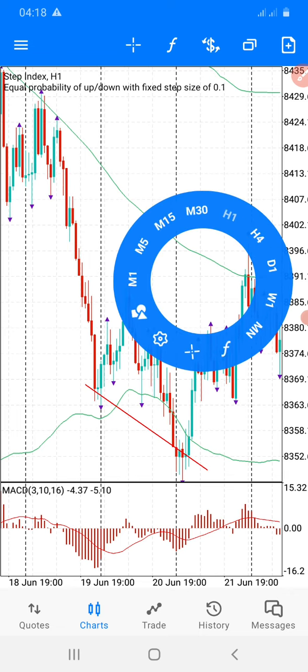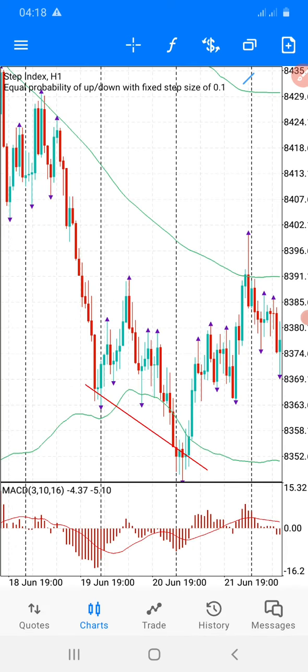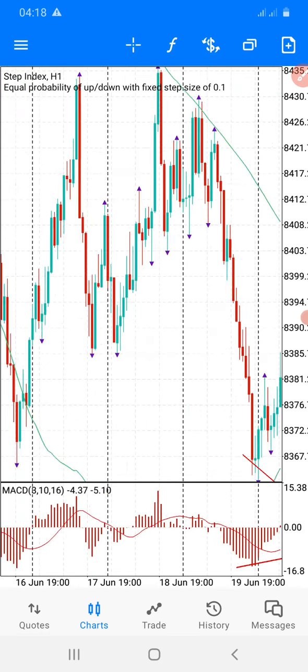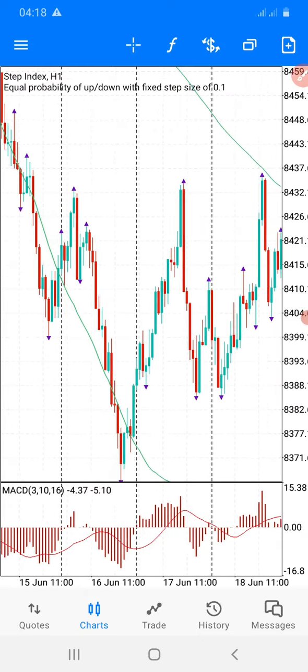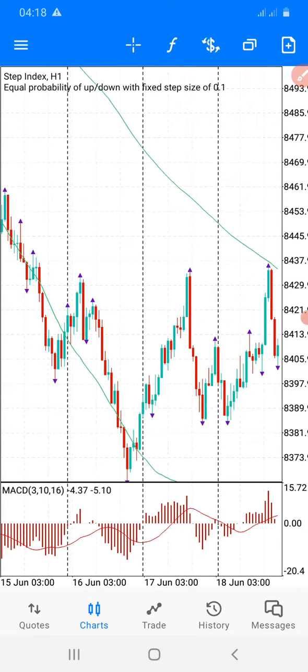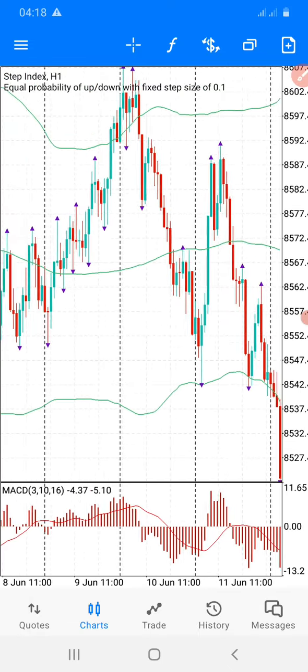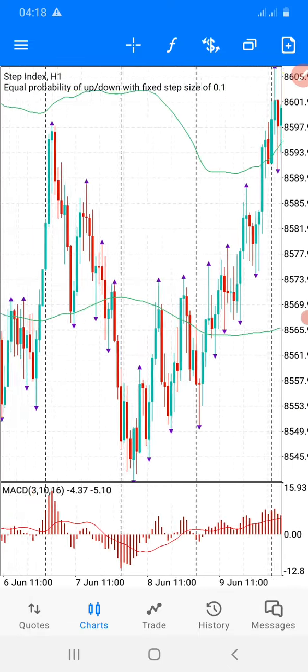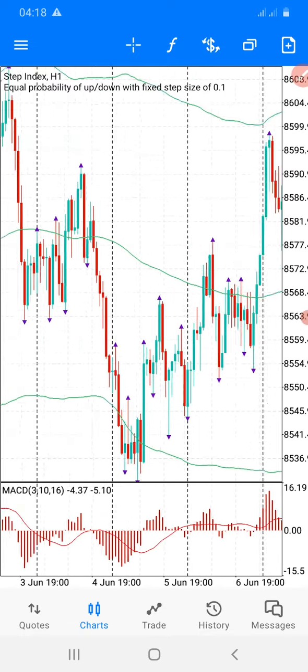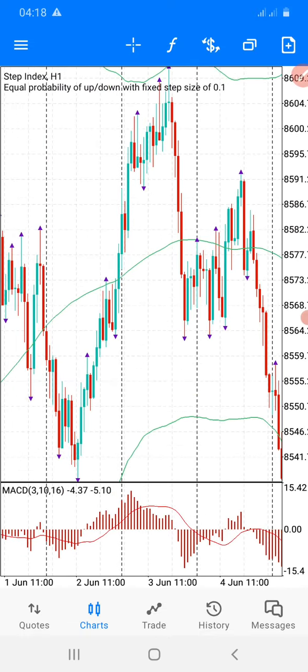It's making a lower low, and then look at our indicator. Our indicator is making a higher low. So these things are all over. They are everywhere in this market.